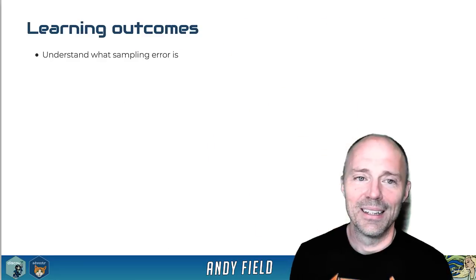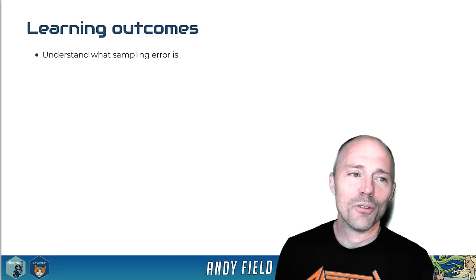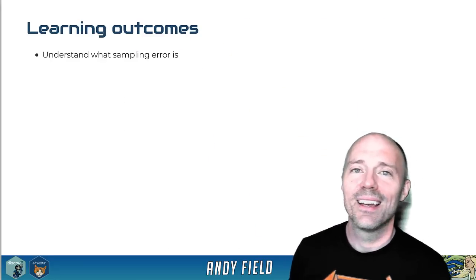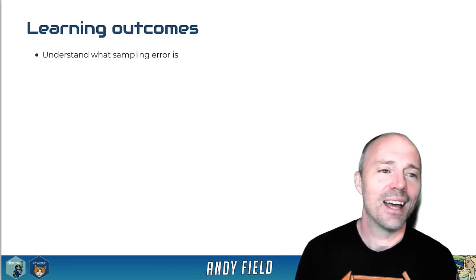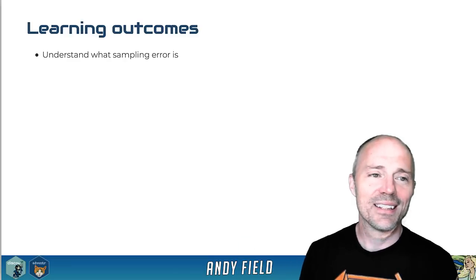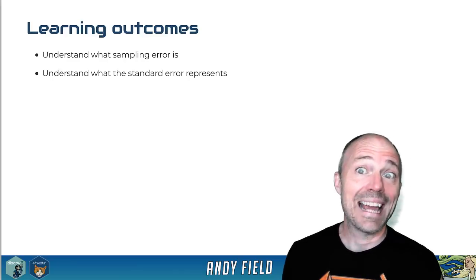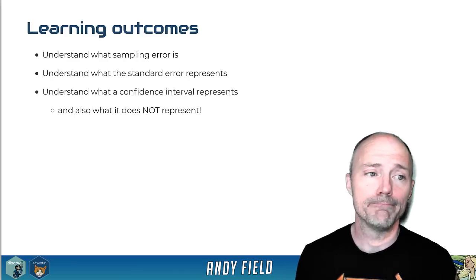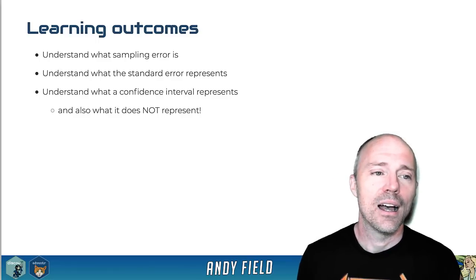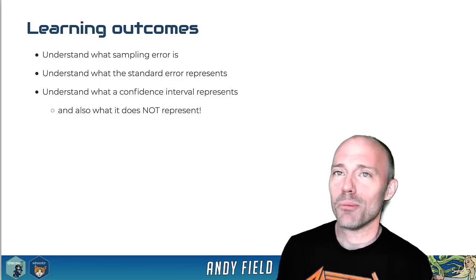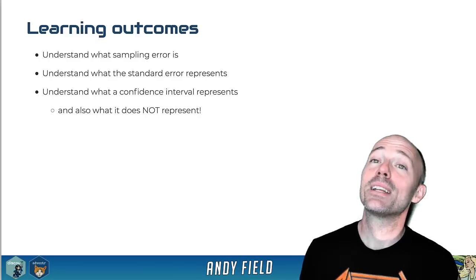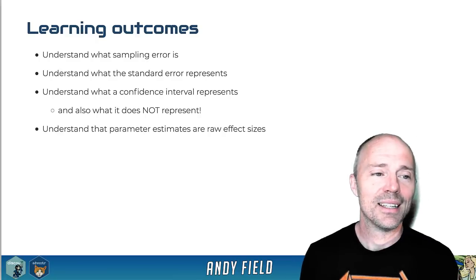So by the end of this lecture, what I hope in an ideal utopian world we will all have is an understanding of what sampling error is, an understanding of what the standard error represents conceptually. We will understand what a confidence interval represents. We will hopefully understand what it does not represent as well.